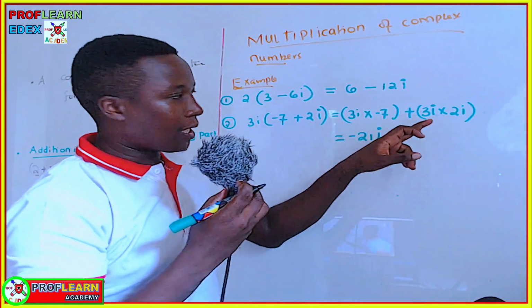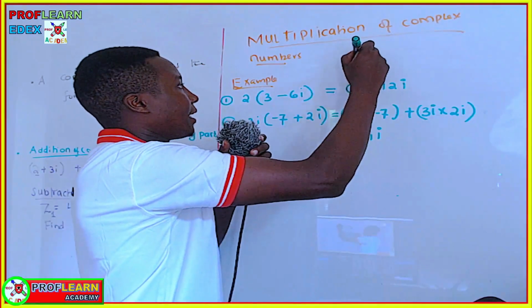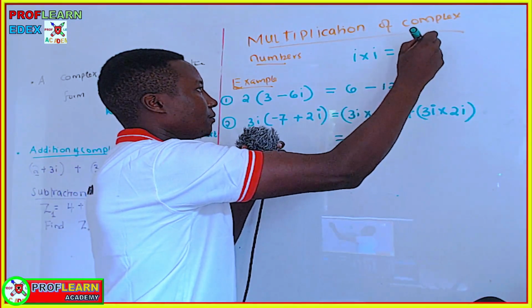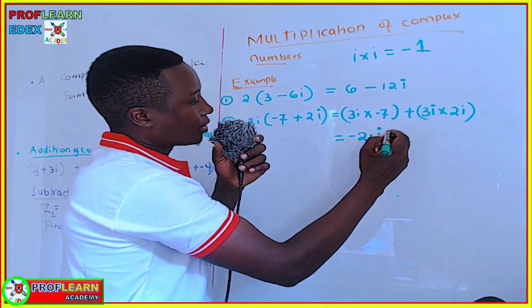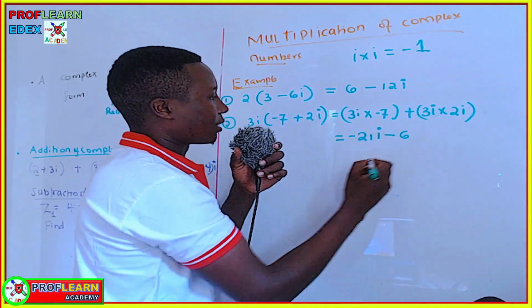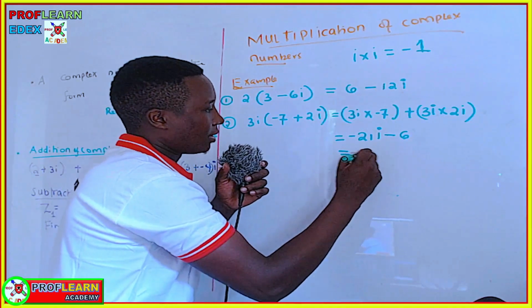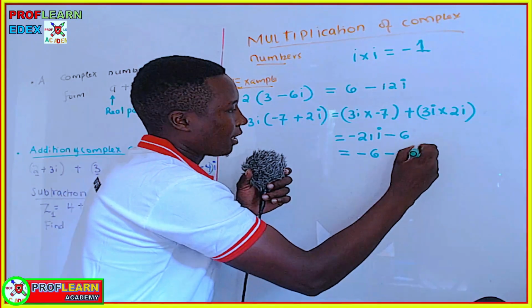But if we multiply 3i times 2i, we need to remember that i times i is actually negative 1, so this becomes negative 6. We can write this as negative 6 minus 21i.